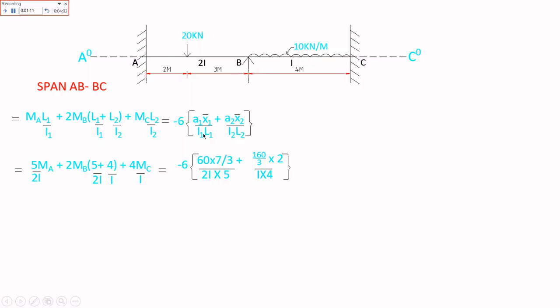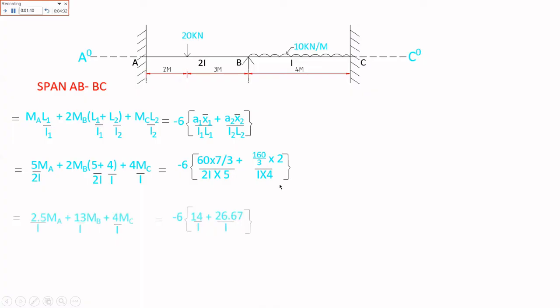A1 is 16, we have already calculated that. X bar 1, this is x bar left, which is 7 over 3, divided by I1, which is 2I, and L1 is 5, plus A2 is 16 multiplied by x bar 2, which is 2, divided by I2, which is I, and L2 is 4.